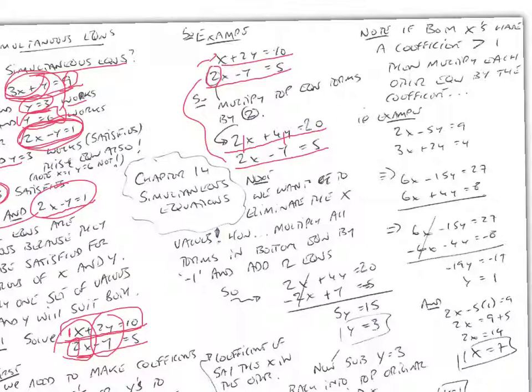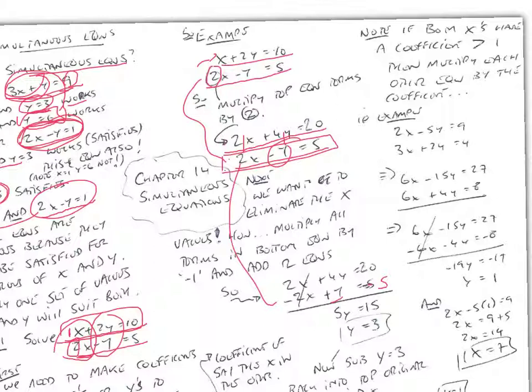So the next step is to multiply every term in the bottom equation by minus 1. We need to make this positive and this negative, which will give us minus 2x, plus y, minus 5.